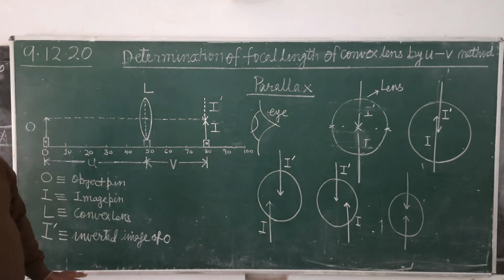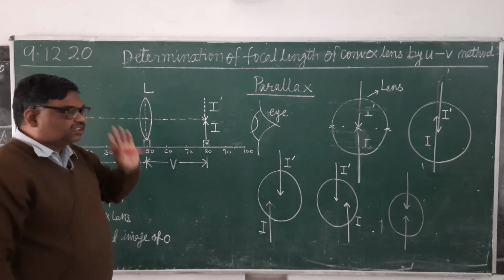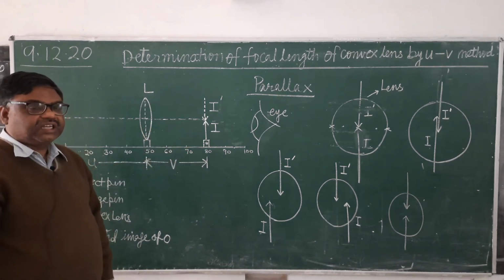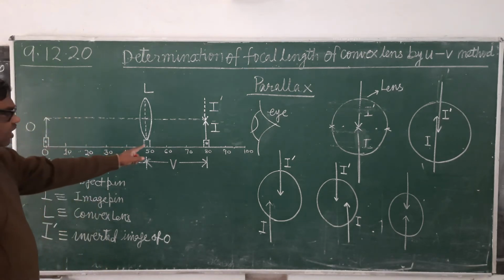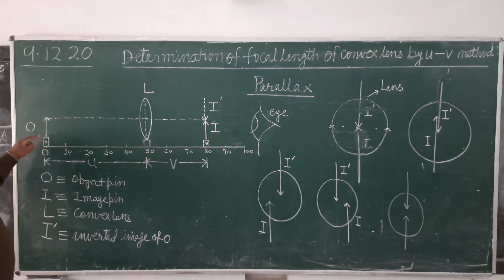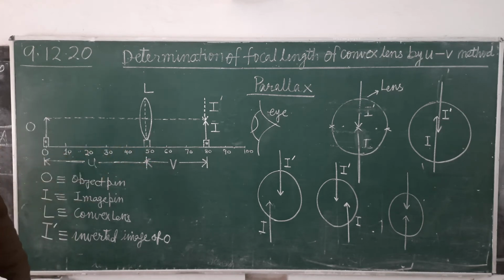This thing is clear? Now suppose the parallax has been removed at this distance. Then this much distance we will note down, this distance of the object pin from the lens as u, and the distance of the image pin from the lens as v.